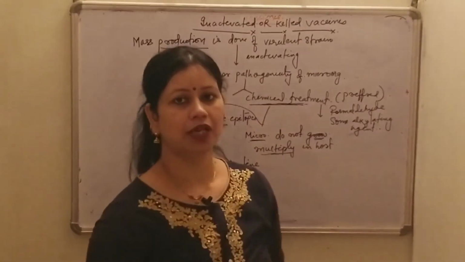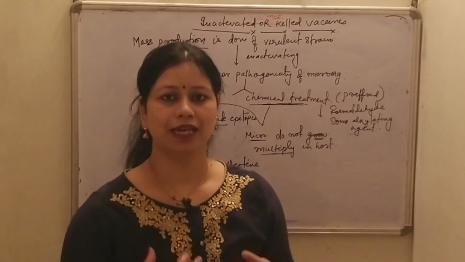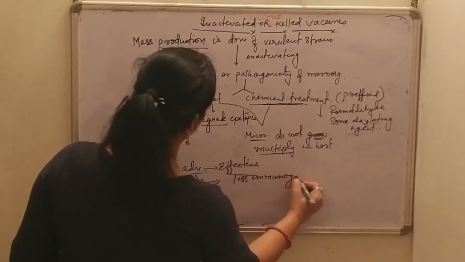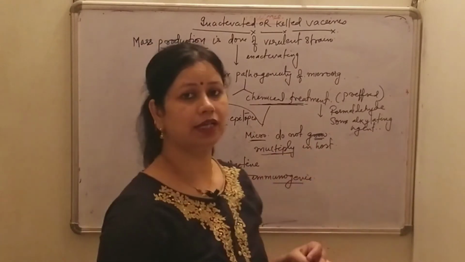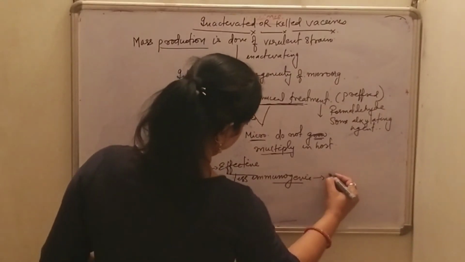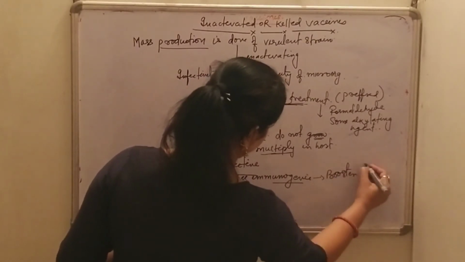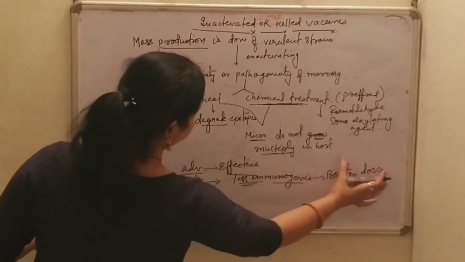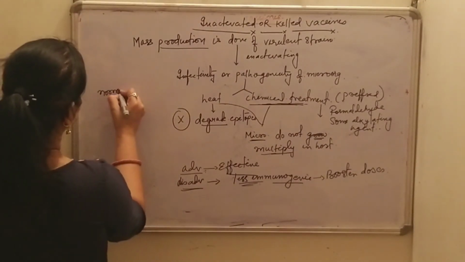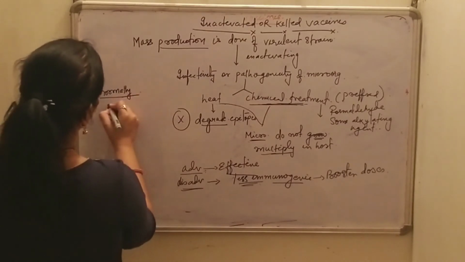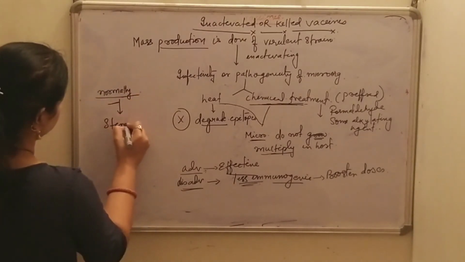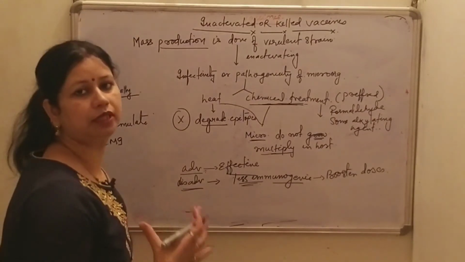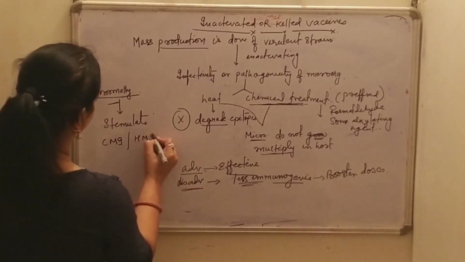And what is the disadvantage? Inactivated or killed vaccines are less immunogenic, which means they require several booster doses. Because they are less immunogenic, they are not able to stimulate the cell mediated immunity as well as the humoral mediated immunity, CMI or HMI.